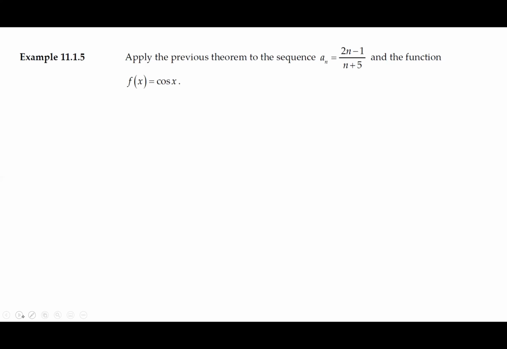In other words, the limit as n approaches infinity of cosine of 2n minus 1 over n plus 5.